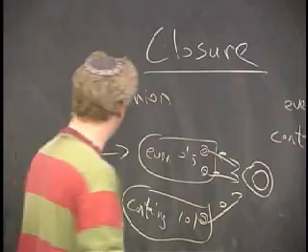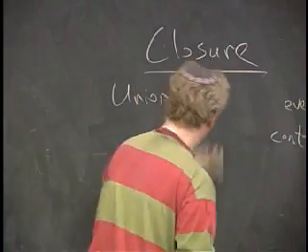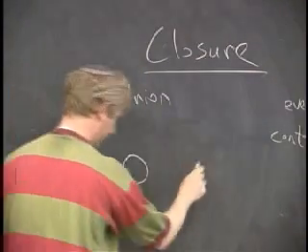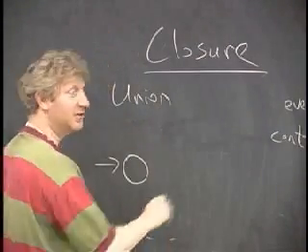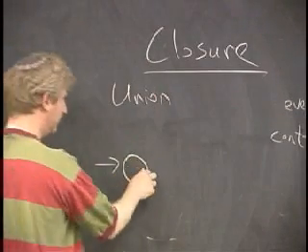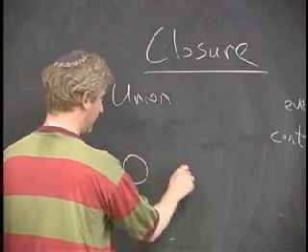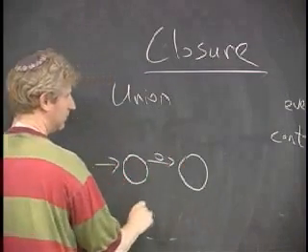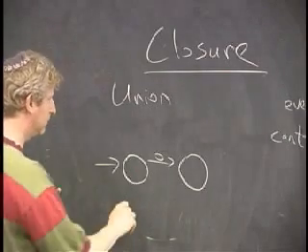Because let's do a real example. Maybe this will help. Let's concatenate these two. Let's make a machine that has an even number of zeros. You start here. A 0 goes to the next state, and another 0 goes to the next state.